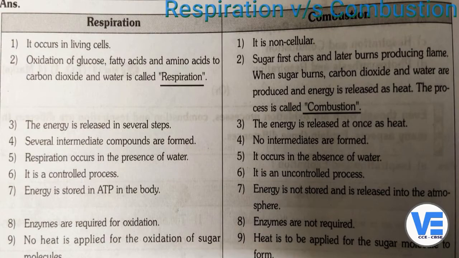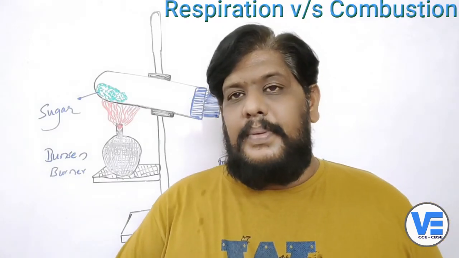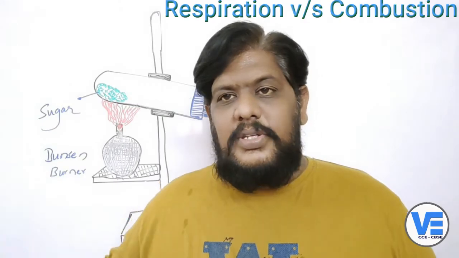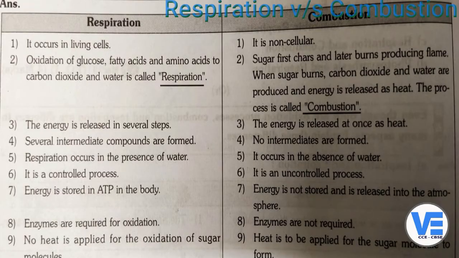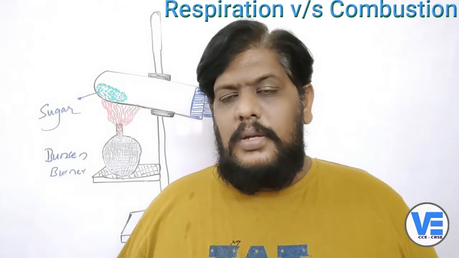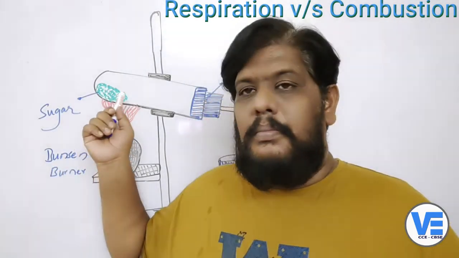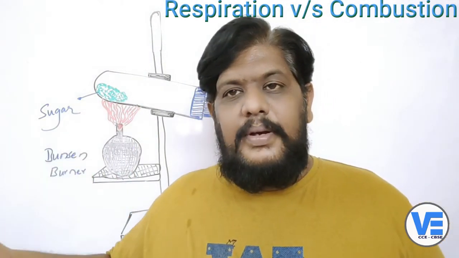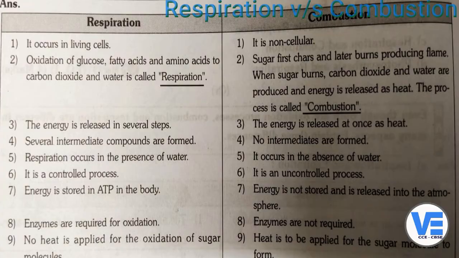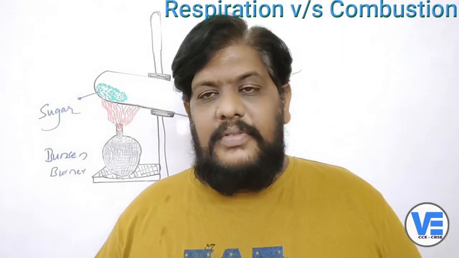Respiration occurs in the presence of water, whereas combustion occurs in the absence of water. Respiration in our body is an absolutely controlled process, but once you burn glucose, it will char and burn and give out heat, and you cannot control that. Next, energy in our body is stored in the form of ATP, whereas in combustion energy is not stored at all and is directly released into the atmosphere as heat.